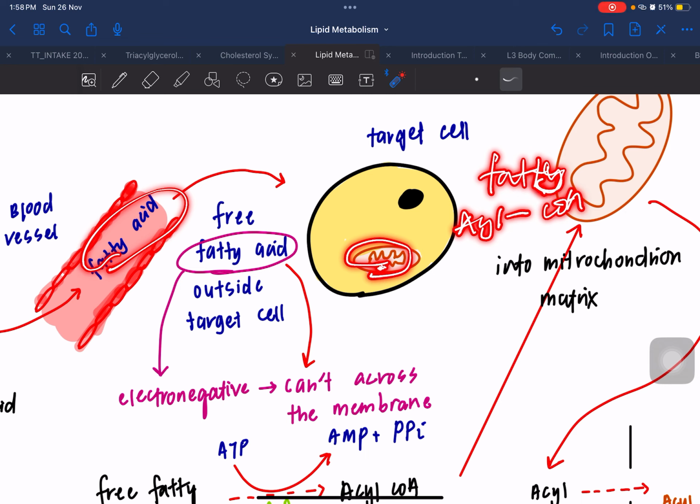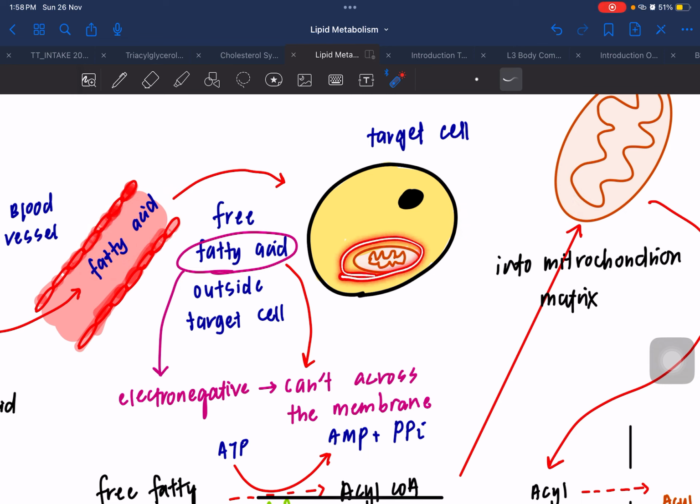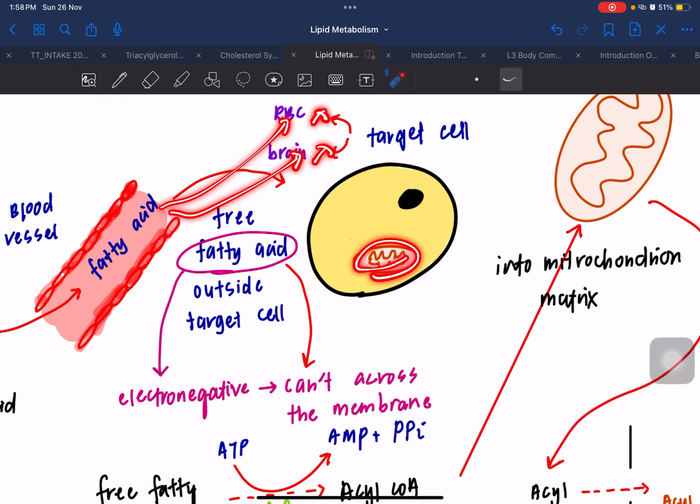So which cells do not contain mitochondria? The red blood cell and the brain cell. So basically the fatty acid will not go to the red blood cell and the brain, because they do not contain mitochondria. Okay, boleh dapat?